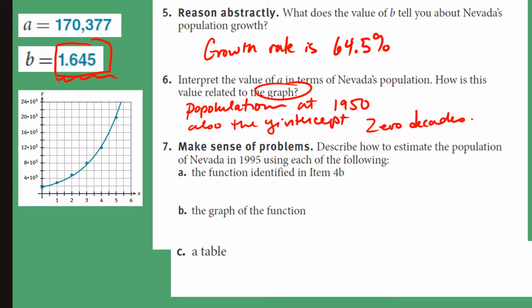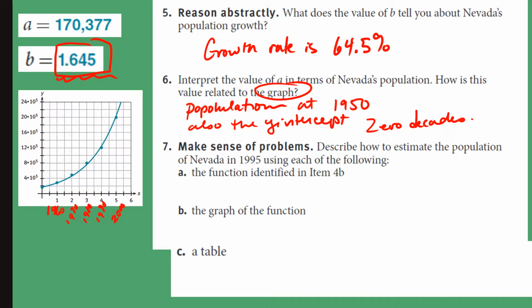Now, if we want to estimate the population in 1995, let's see. Remember, just to help us think this out, one decade would have been 1960, and that would have been 1970, 1980, 1990, and then this would be 2000.